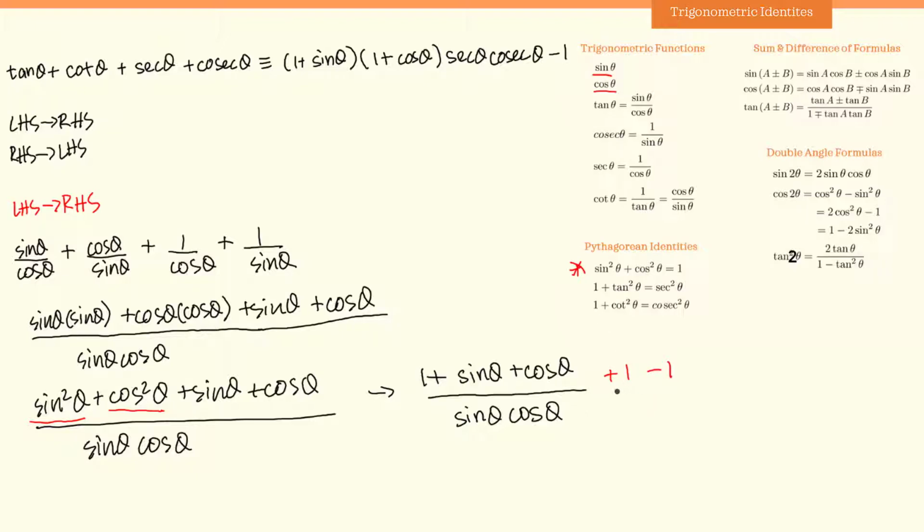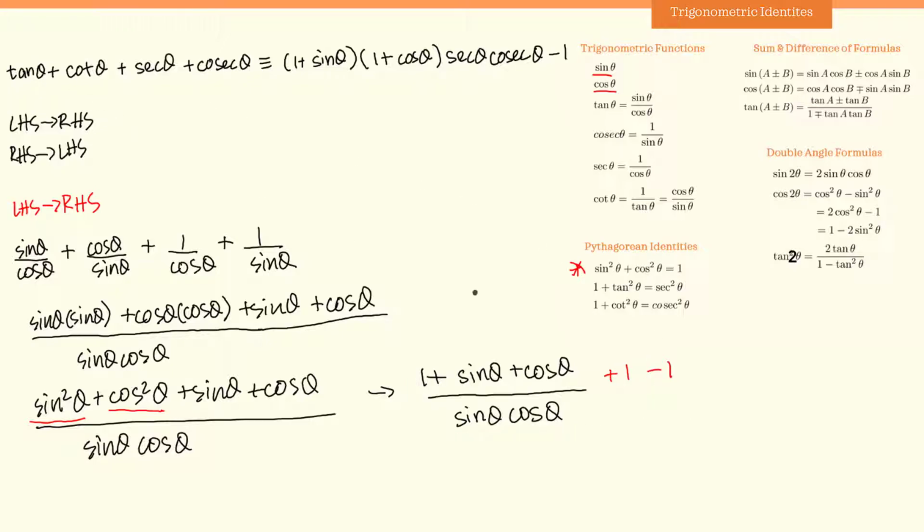Plus 1 minus 1 means 0. So introducing plus 1 minus 1 is going to have no effect on the expression. But it's going to help me bring this minus 1 in order to prove this identity. Next, I'll take the LCM till this positive 1 so that my minus 1 does not get affected.